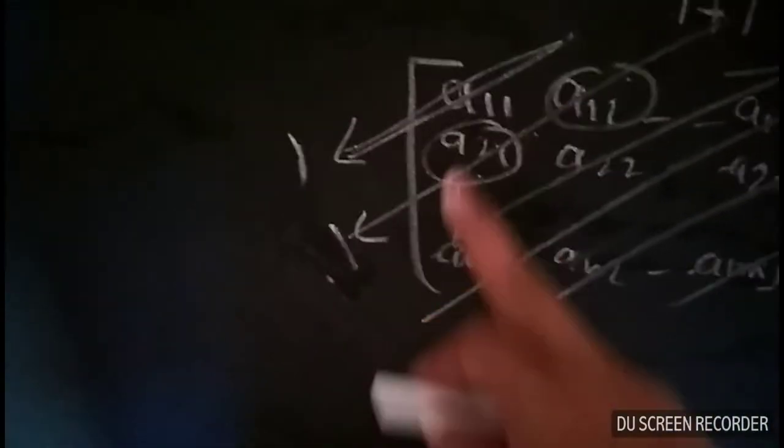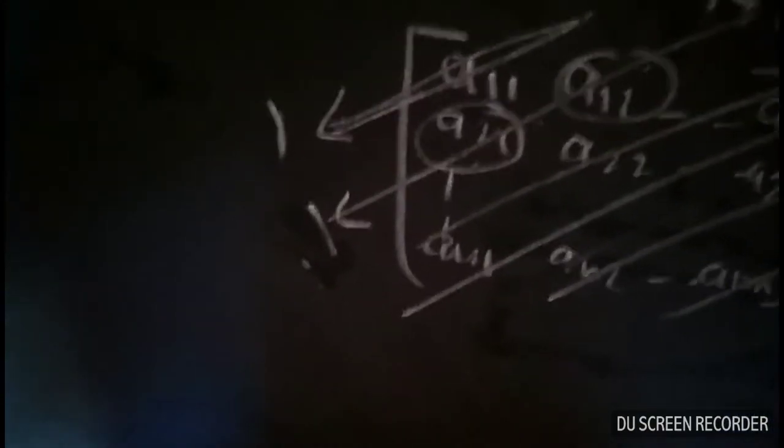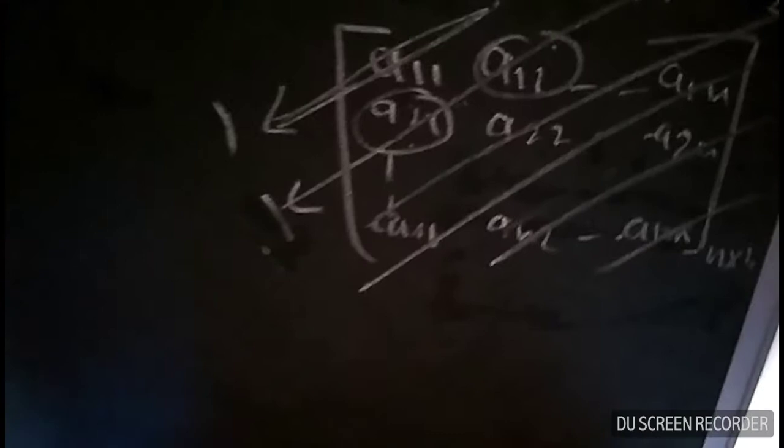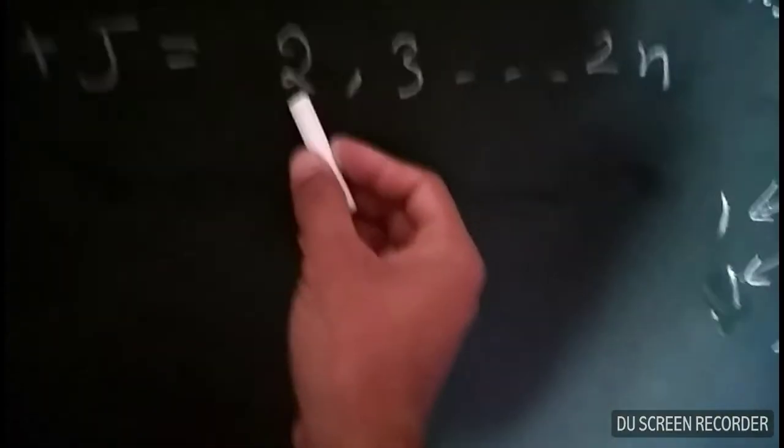We see that each particular sum can have one distinct entry. So the number of distinct elements is equal to the number of distinct sums, and the total number of sums lies between 2 and 2n.